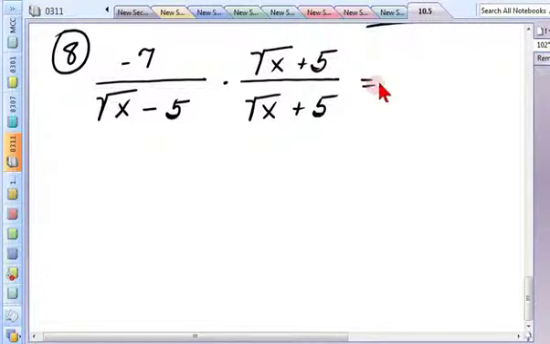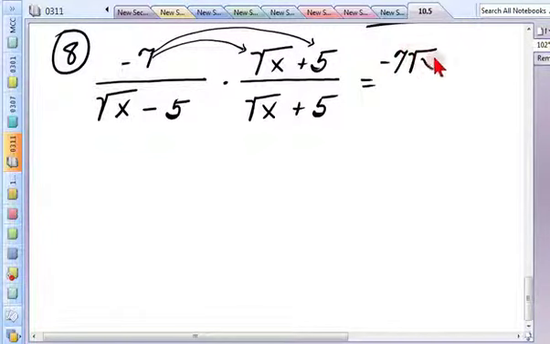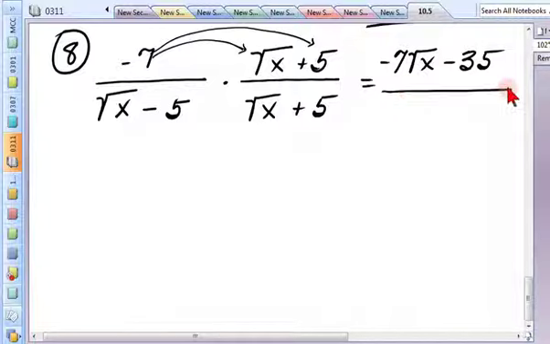All right, how will you multiply on the tops? Negative 7 times square root of x plus negative 35. Okay. All right, he got it exactly. I use the distributive property. Negative 7 times the square root of x is negative 7 square root of x. Negative 7 times positive 5 is negative 35. Over.